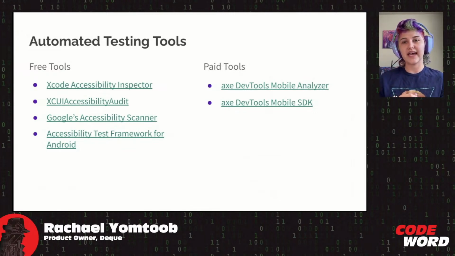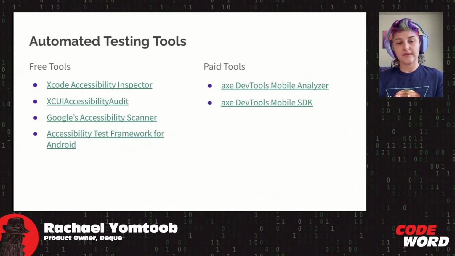And then you're also able to run that audit with the XCUI Accessibility Audit Framework in your UI tests as well. For Android apps, the Google Accessibility Scanner is available on the Play Store, which allows you to scan any app on your Android device for accessibility issues.